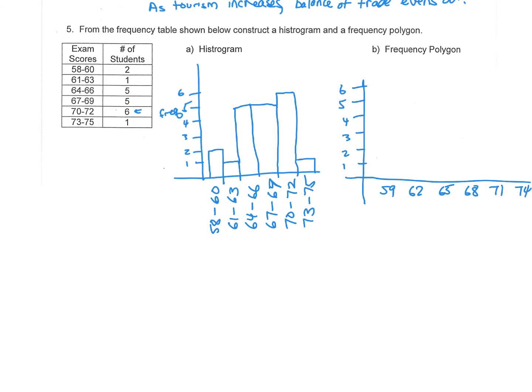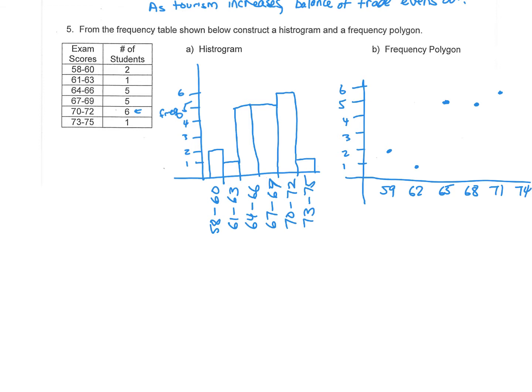Okay, so then 59 would go to 2. 62 would go to 1. 65 would go to 5. 68 would go to 5. 71 would go to 6.